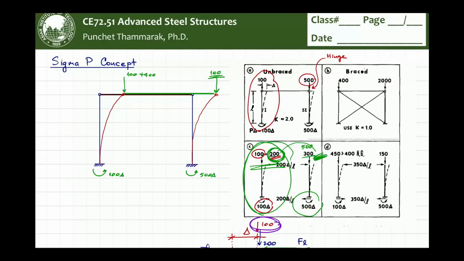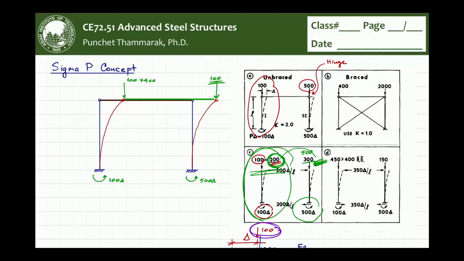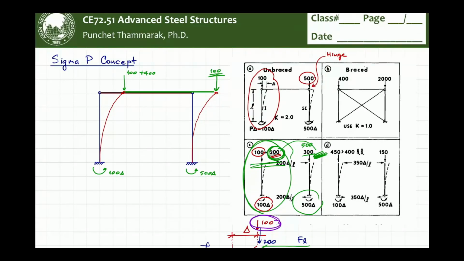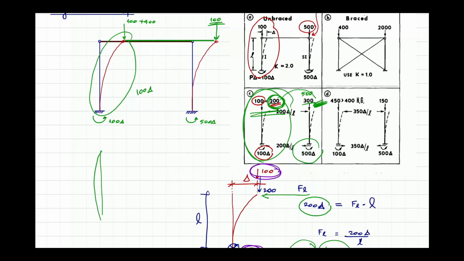Now, you'll be ending up with the local buckling if you do so. Why? Because for the left column under the sway mode, it has capacity 100 delta, but if it is not sway, it has 400 delta. This is the cap.